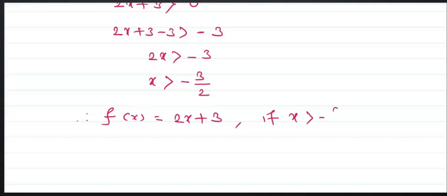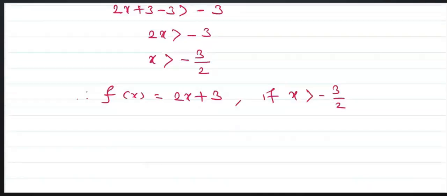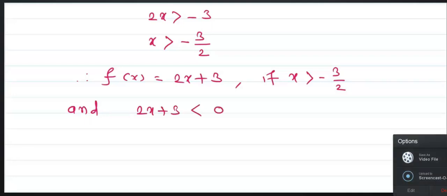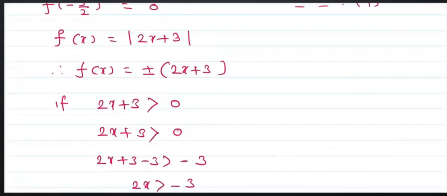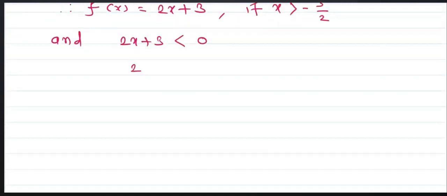Now the function can be written like this. f of x is equal to 2x plus 3 if x is greater than minus 3 by 2. And suppose 2x plus 3 is negative, meaning it is less than 0. Therefore, it is written like this: minus of 2x plus 3, and we will solve this. Subtract 3 on both sides.